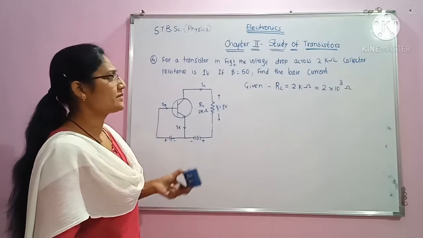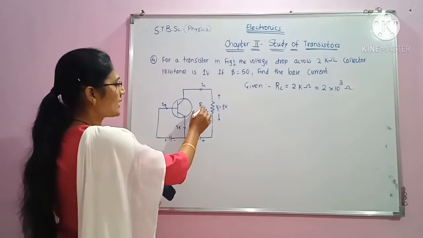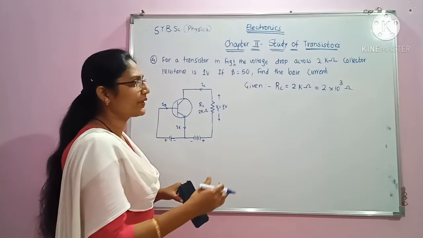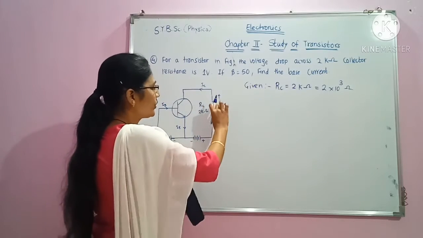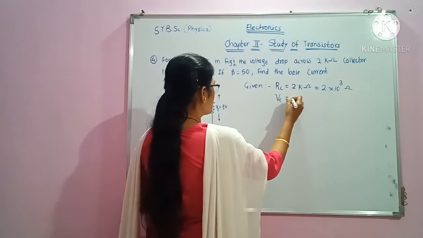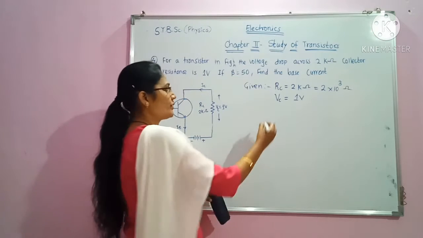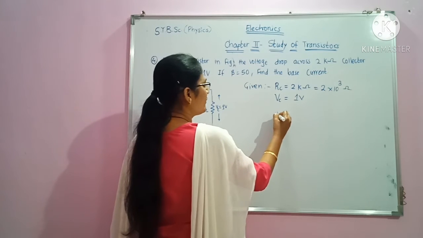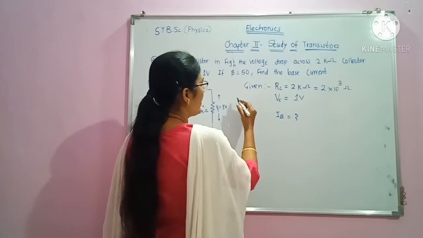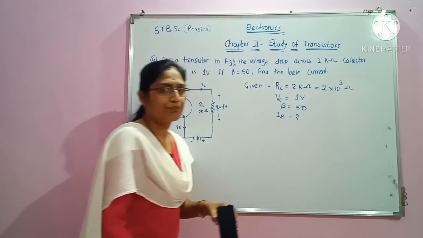Then collector resistance, that is RC, is given as 2 kilo ohm. We have written it and converted it into ohm, and the voltage drop across RC is given as VC equal to 1 volt. So by using this information you have to calculate the value of IB, and they have also given us the current amplification factor beta as 50.